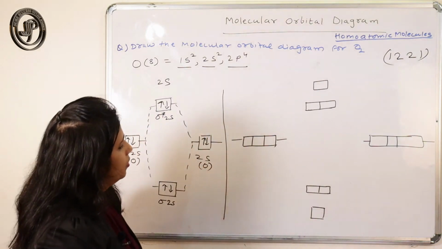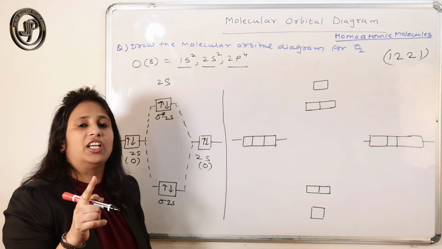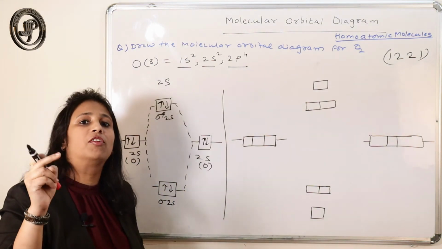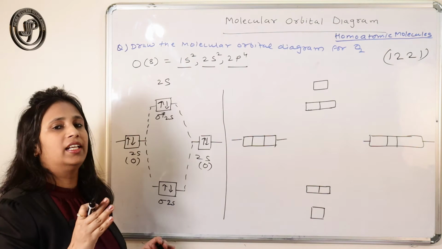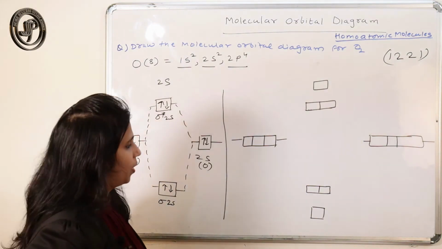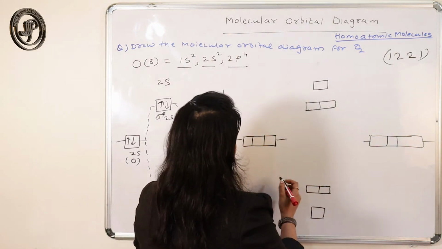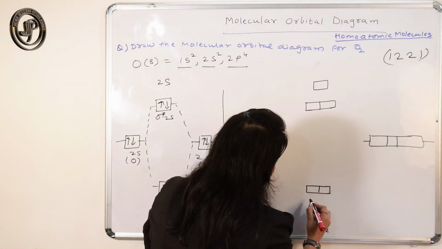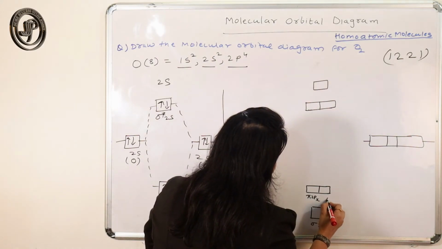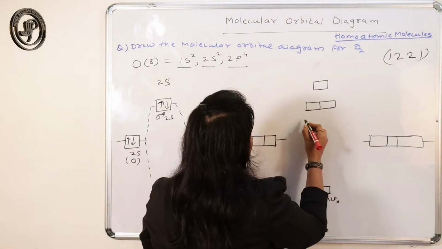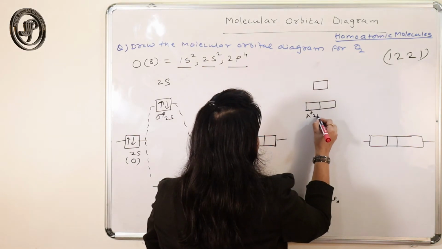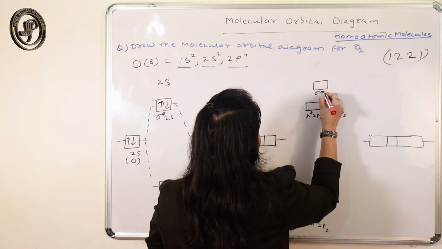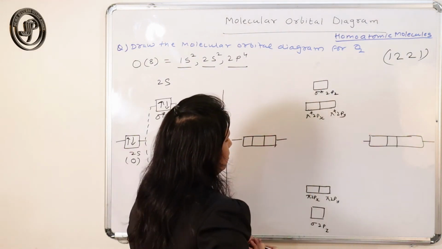Because here the energy levels come according to the actual energy order, the energy of sigma 2pz is less than pi 2px and pi 2py. So this is sigma 2pz, pi 2px, pi 2py, pi star 2px, pi star 2py, sigma star 2pz.